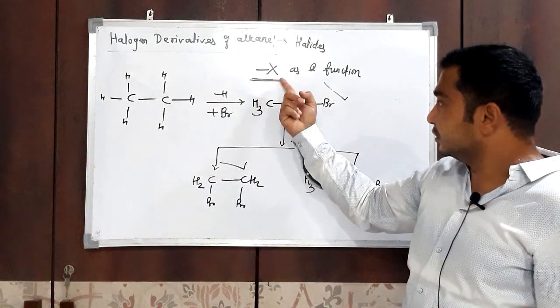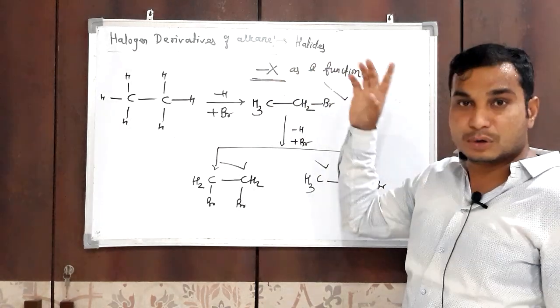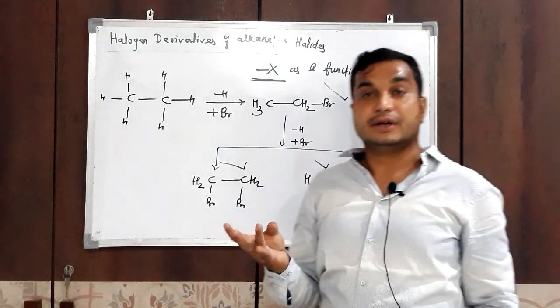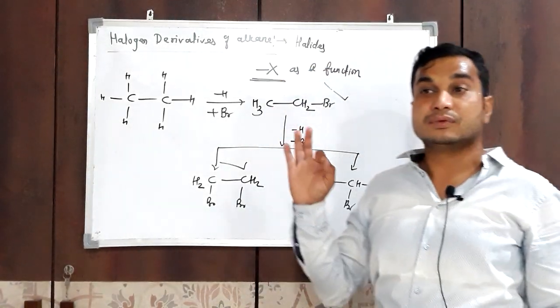Capital X represents the halogen atom. It may be chlorine, bromine, iodine or fluorine.